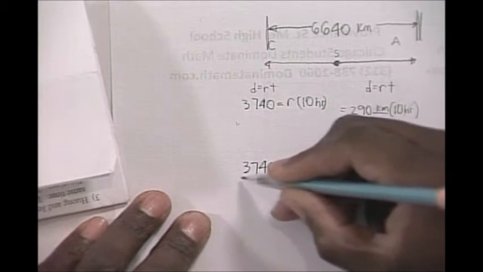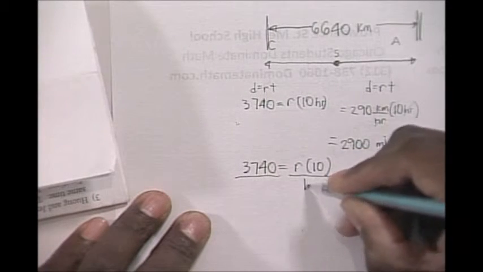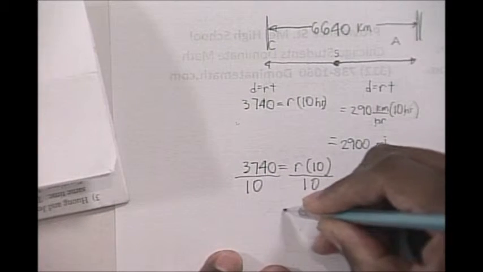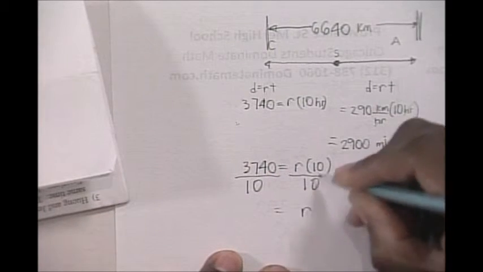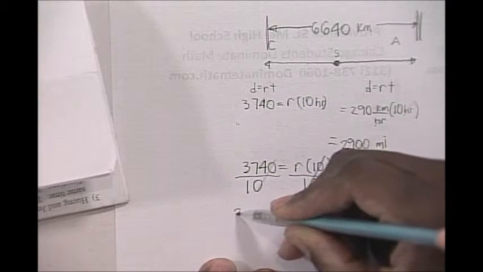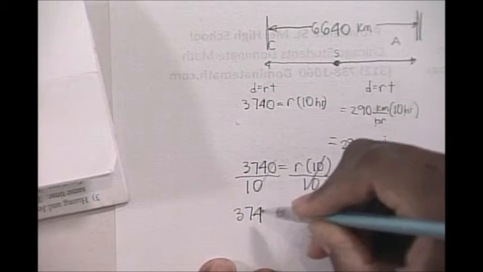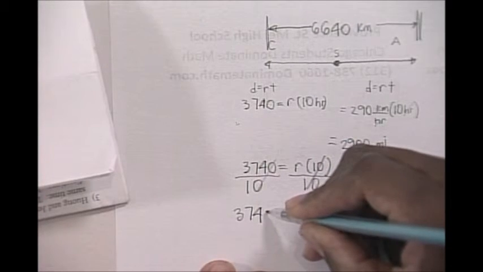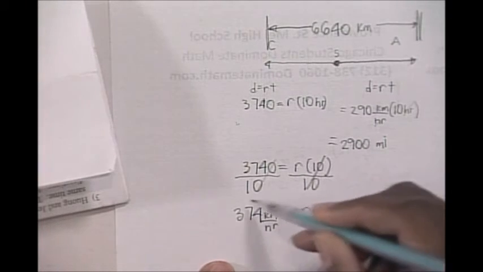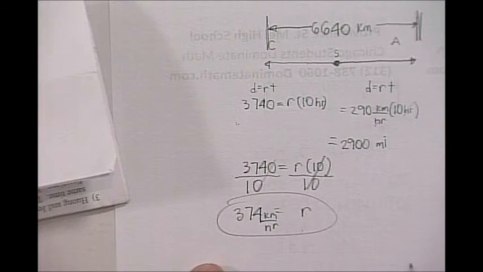You divide by what's next to what you're solving for. Divide by 10 on both sides, and the 10s cancel. You end up with rate is 374 kilometers per hour. Final answer. All right.